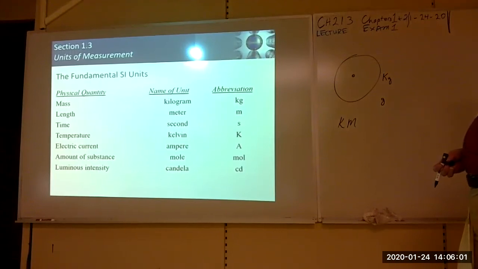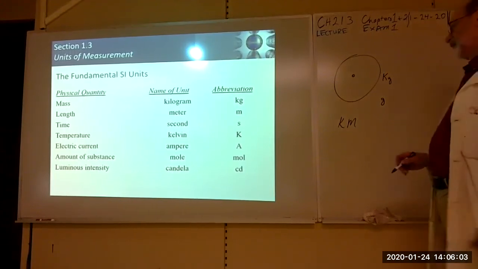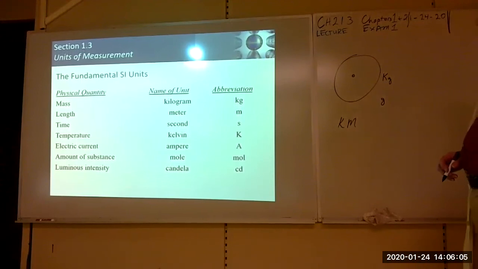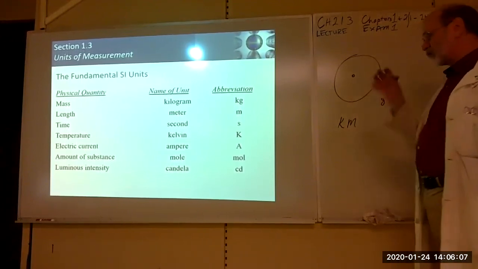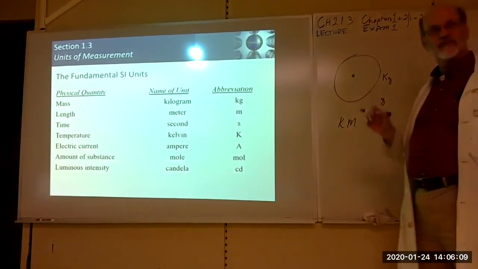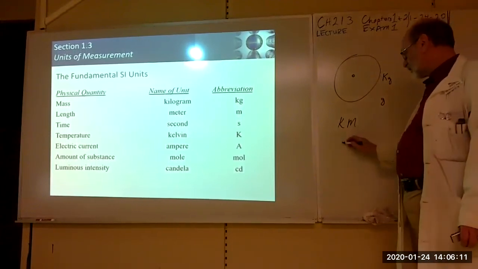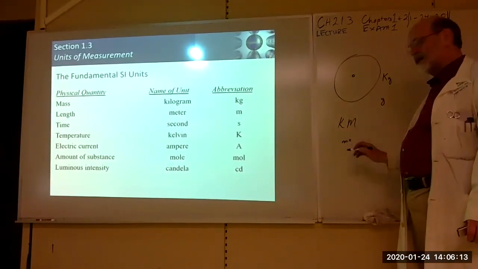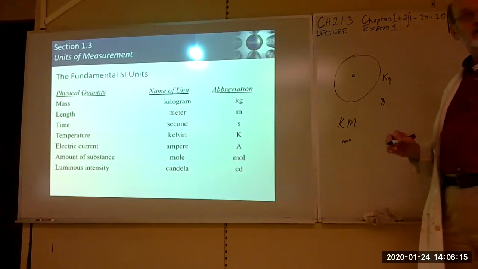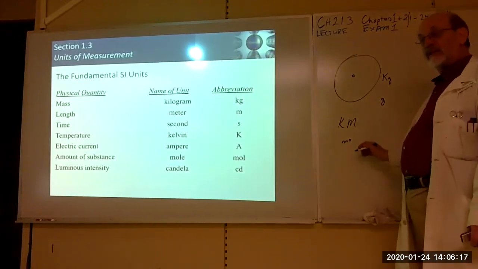Time, seconds. Usually seconds don't vary that much, unless you're measuring something really short, a short time frame, like a millisecond. Small m is milli, a 1,000th of a second.